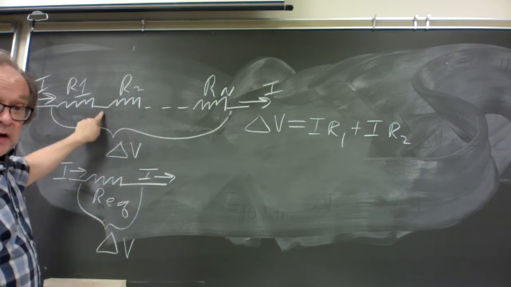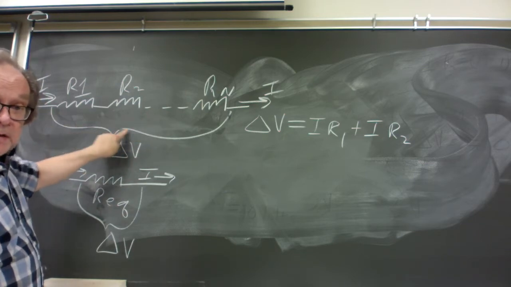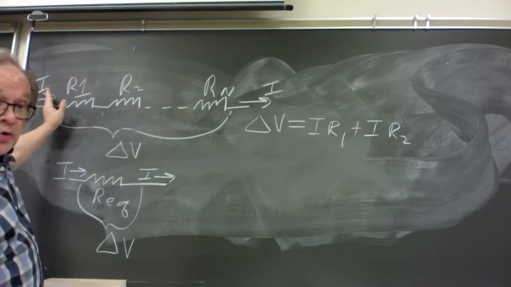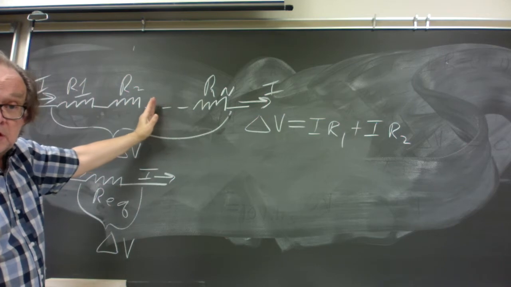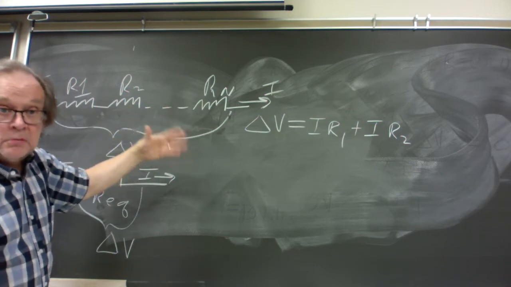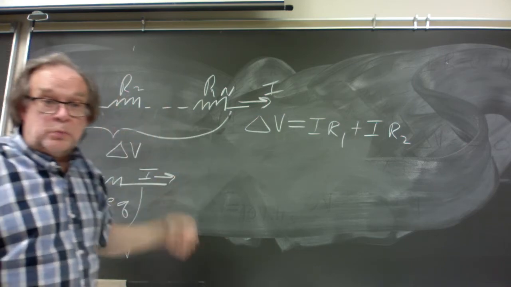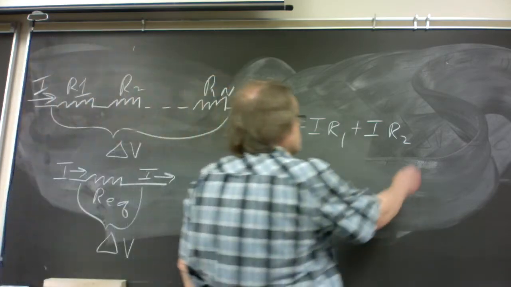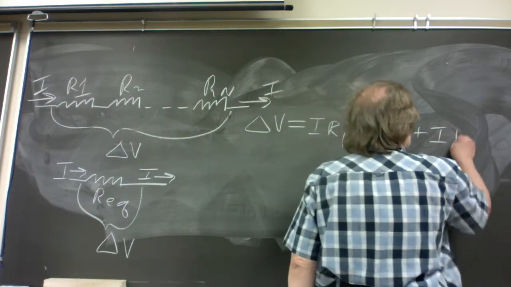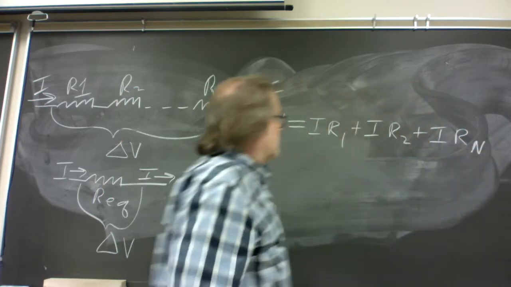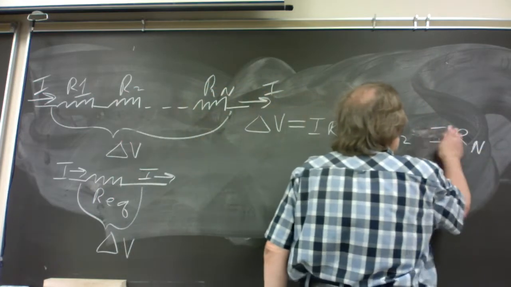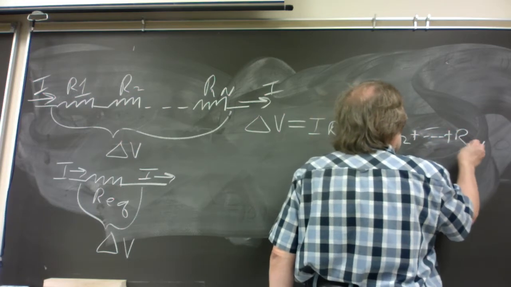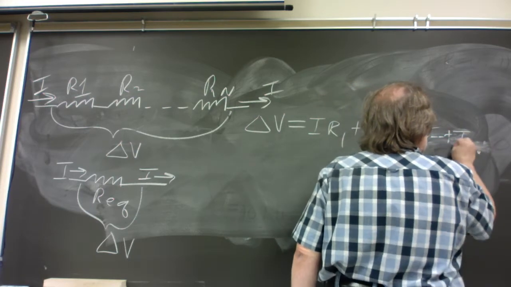So if you come down 5 volts going this far, come down 4 volts going this far, you've dropped 9 volts going from here to here. Just the sum of the individual potential differences through the individual resistors. So that's how it will look if you have n resistances.